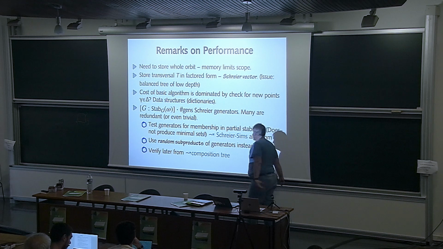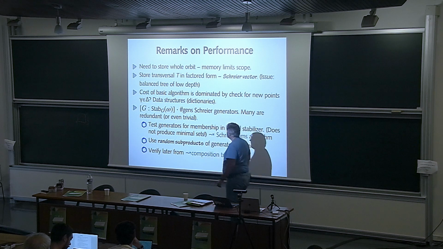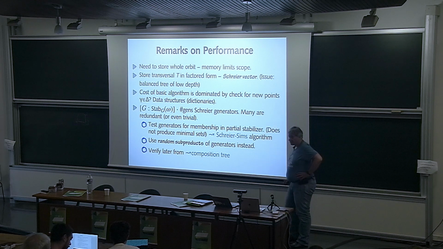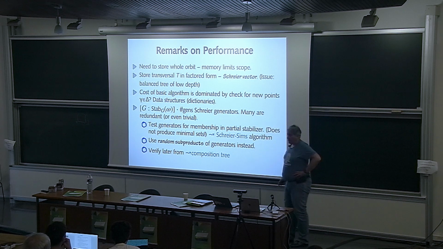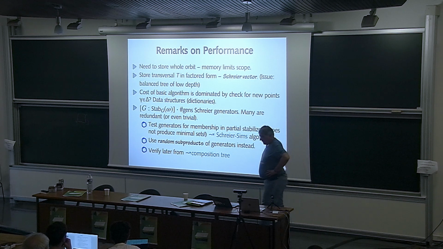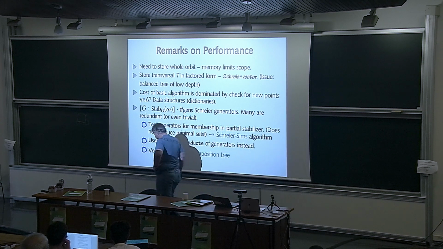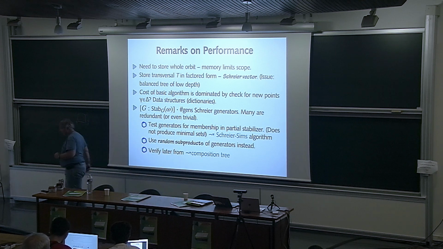And as I mentioned by now, probably even more often than you really wanted, the total number of Schreier generators is the length of the orbit times the number of generators, or the stabilizer index times the number of generators. A lot of them are trivial, many more are redundant. How can I handle this? There are basically three tools which have been used more generally for reducing the number of generators.